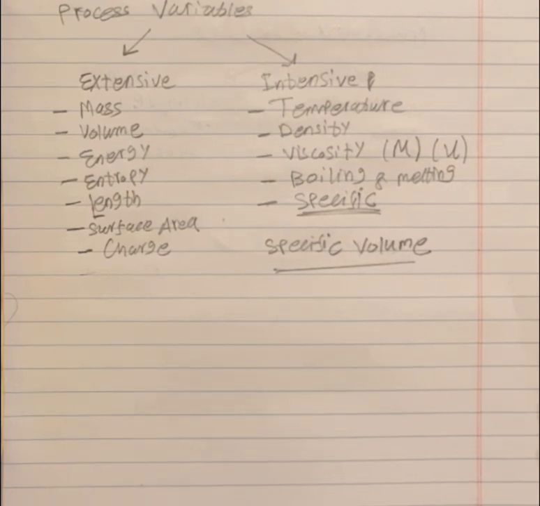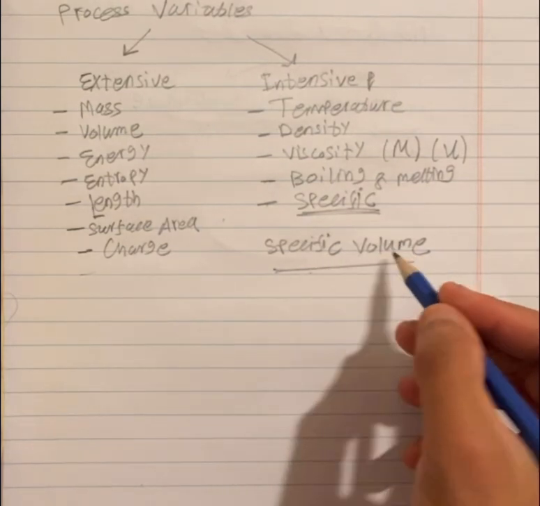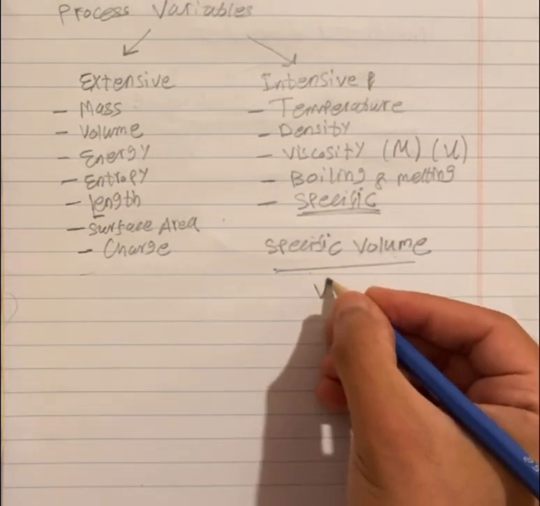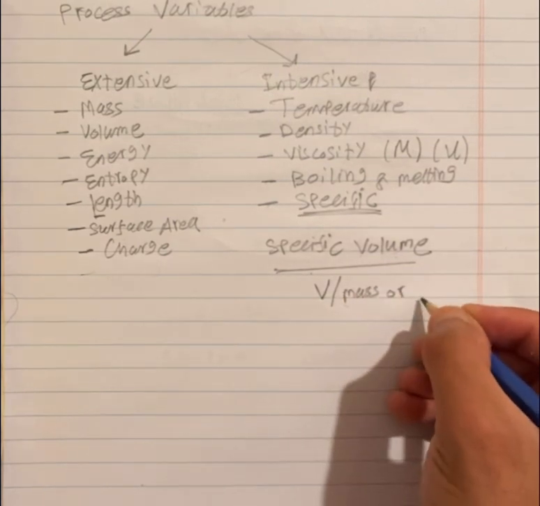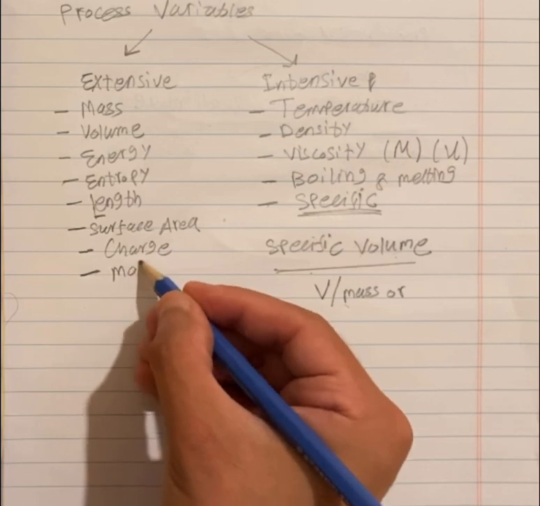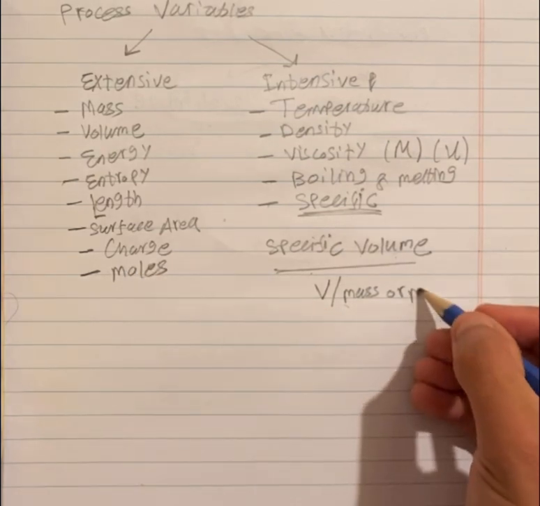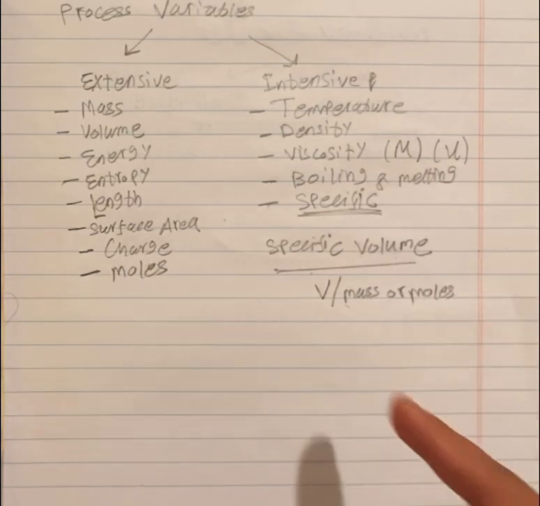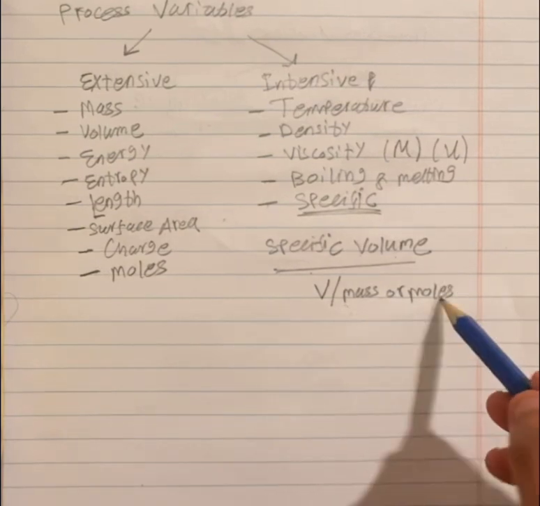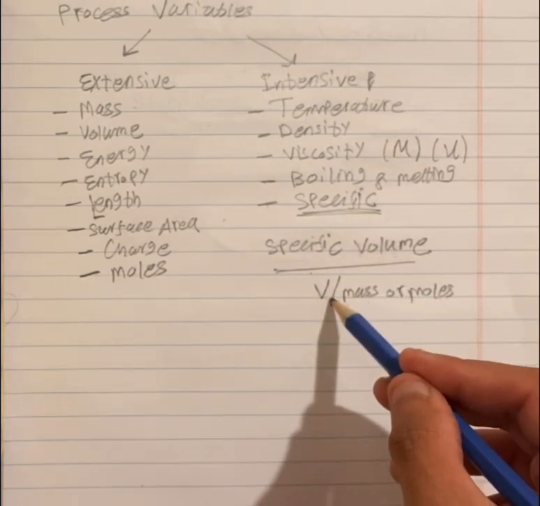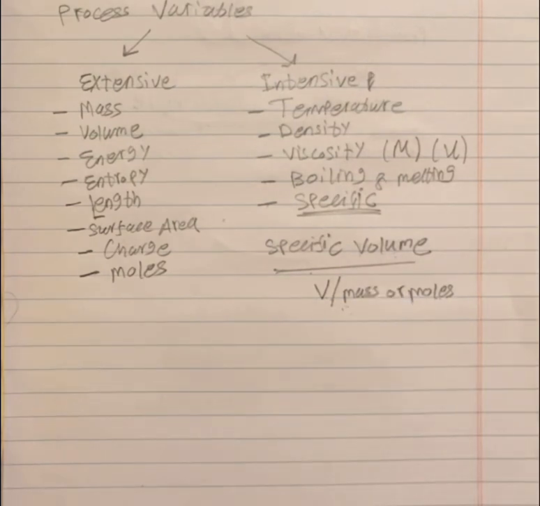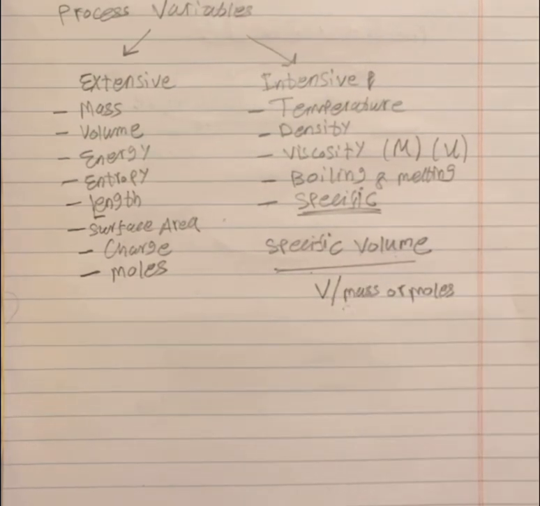Because we will divide by either mass or, here I should add also, moles. Specific volume means volume divided by either mass or moles. So we will eliminate the size dependency.